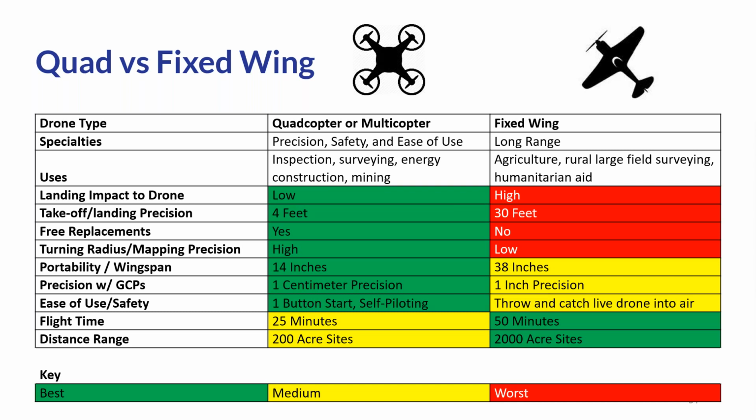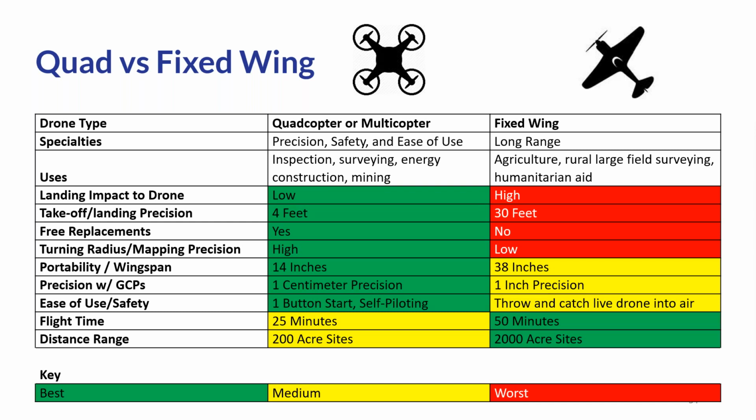You don't have to worry about things like blur as it's rounding edges the way you do with a fixed wing. And so like inspection, surveying, energy, construction, mining, quadcopters are usually better. For massive agriculture, rural large field surveying, humanitarian aid, or 100-mile pipelines, you're probably going to want to go with a fixed wing. So I hope this chart is helpful to kind of see the advantages and disadvantages of each.